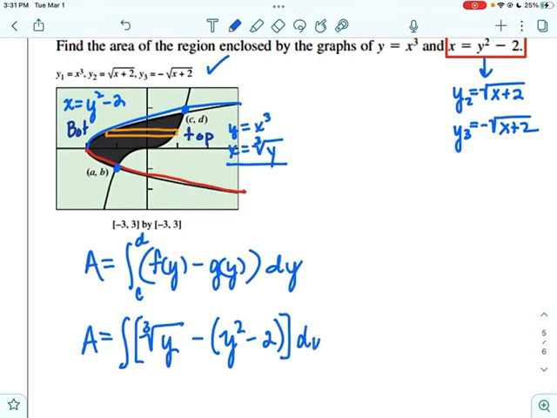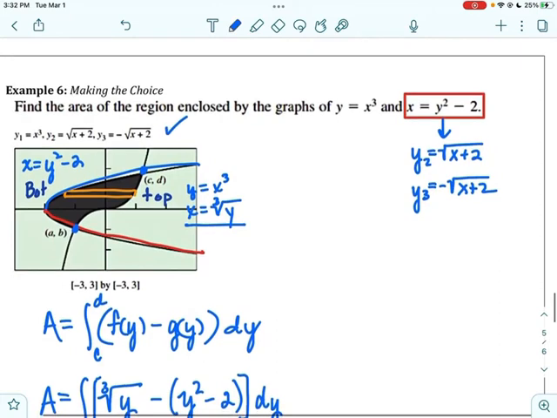Okay, now we need to find our points of intersection for this graph, right? So what are the points of intersection? You have y is equal to x cubed, and you have x is equal to y squared minus 2.